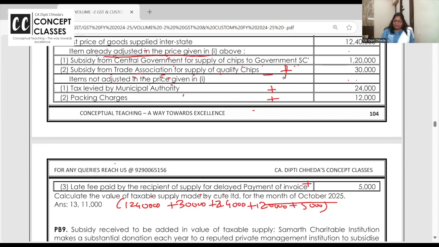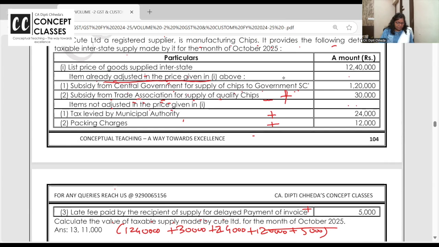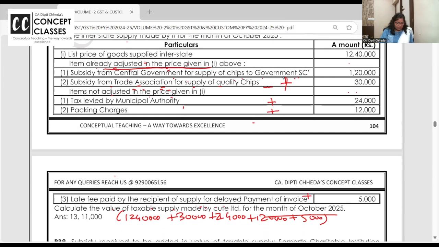What is already adjusted means deducted: central government subsidies were deducted only, but for other trade discount, add. You're getting the answer 13,11,000. Take your time and ask me if you have any doubts.